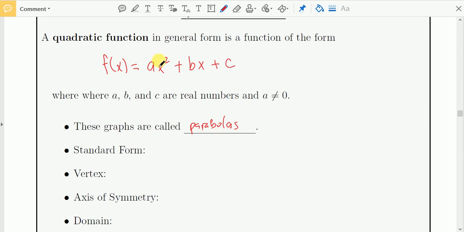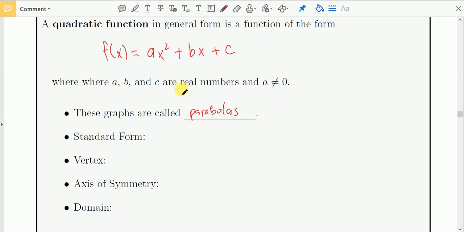Now this is the general form, but usually if we can rewrite that in the standard form, it's much easier to draw the function and also find the vertex and the axis of symmetry. So the standard form of a quadratic function has the following format: a(x minus h) squared plus k.